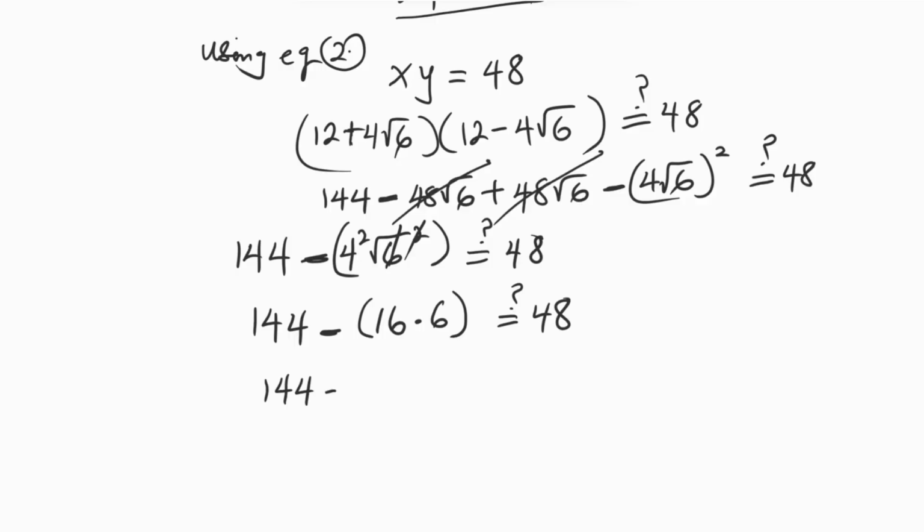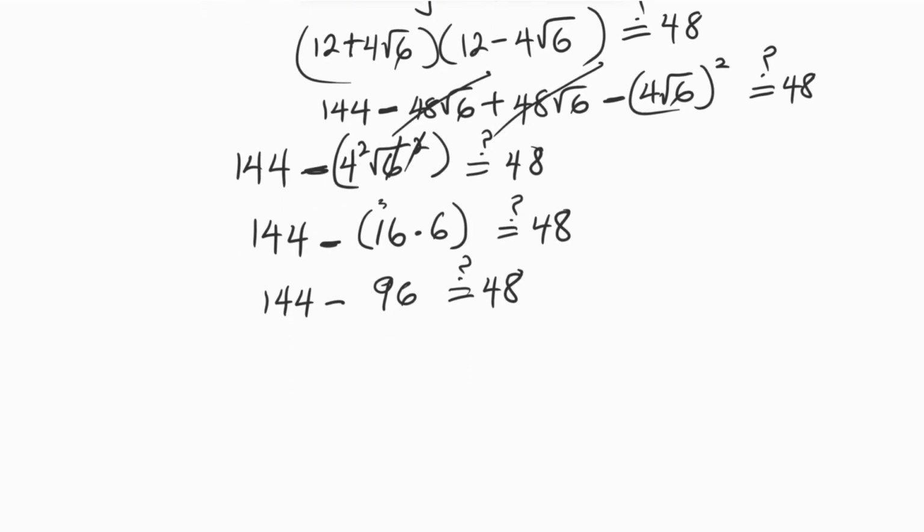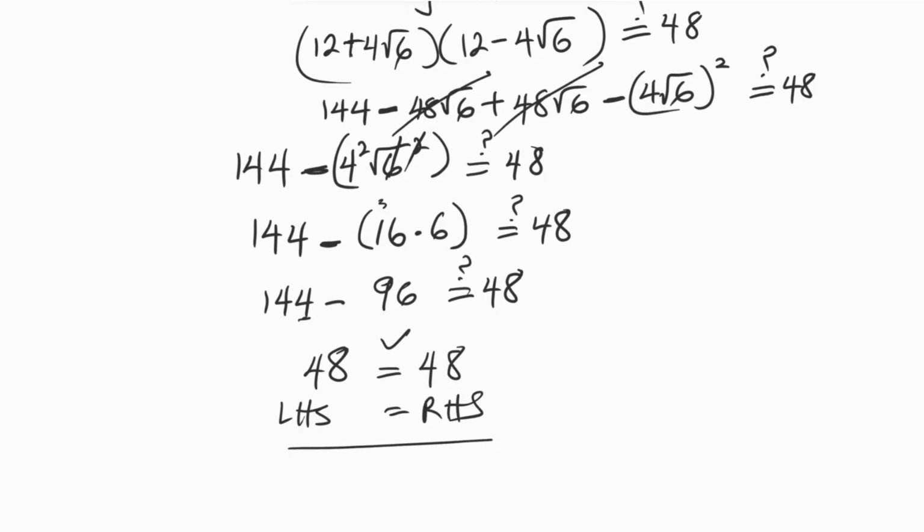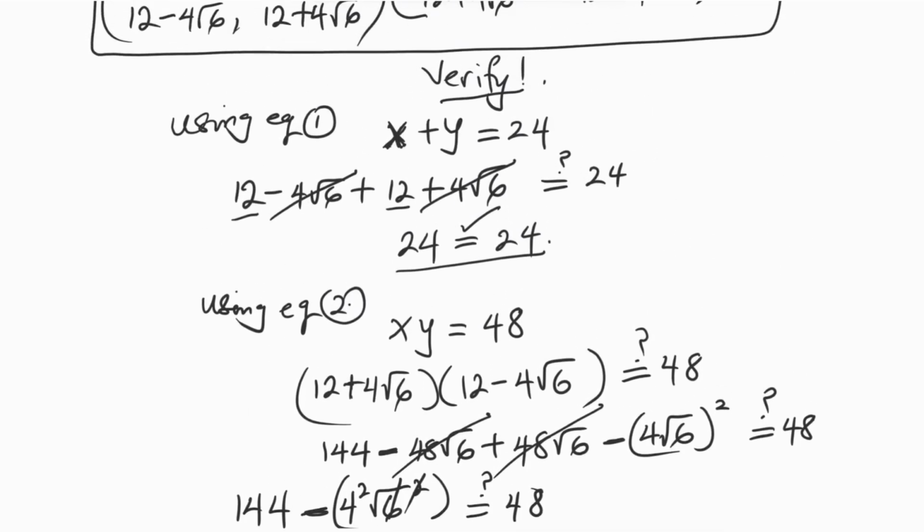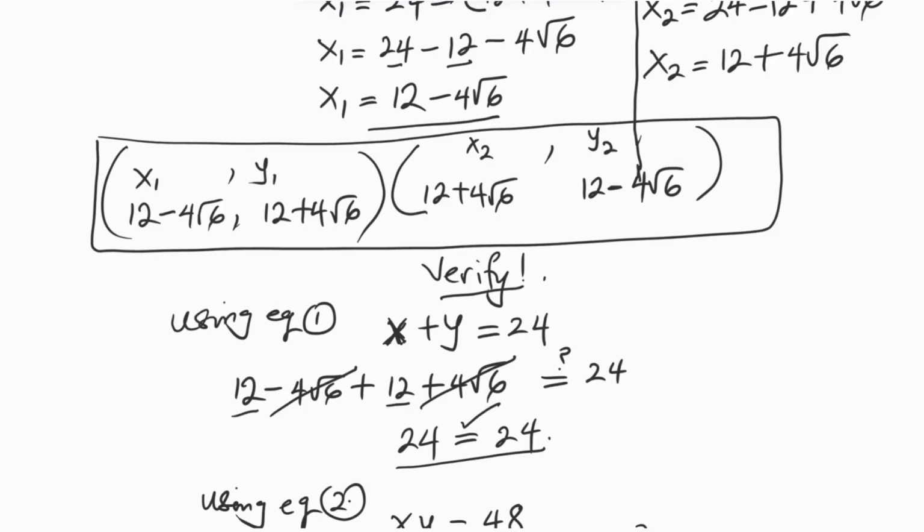So 144 minus 16 times 6. 6 times 6 is 36. 6 times 1 is 6 plus 3 will give us 9. 14 minus 9 gives us 5, and 13 minus 9 gives us 4, so we get 48. And we can see that what we have on the left-hand side is equal to what we have on the right-hand side. Therefore, our answers for x1, y1, x2, and y2 are correct.